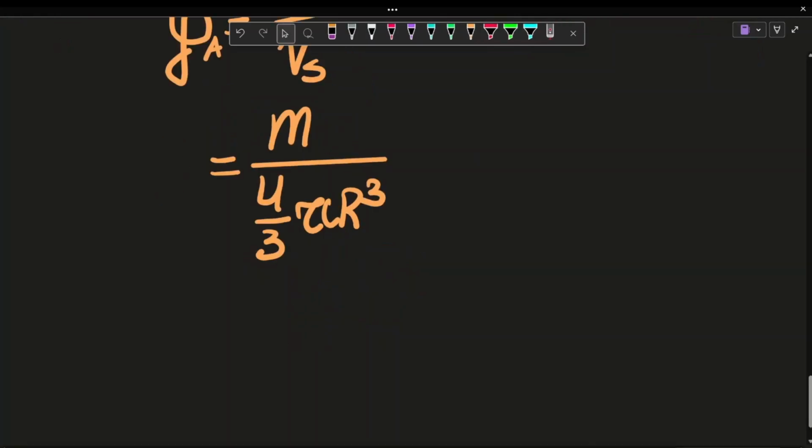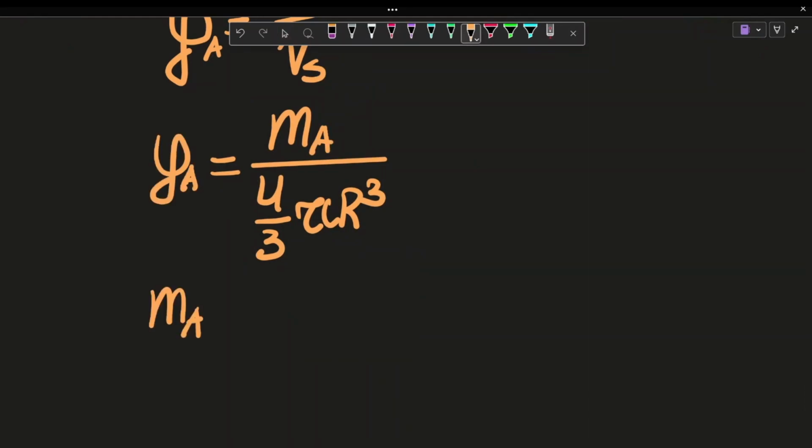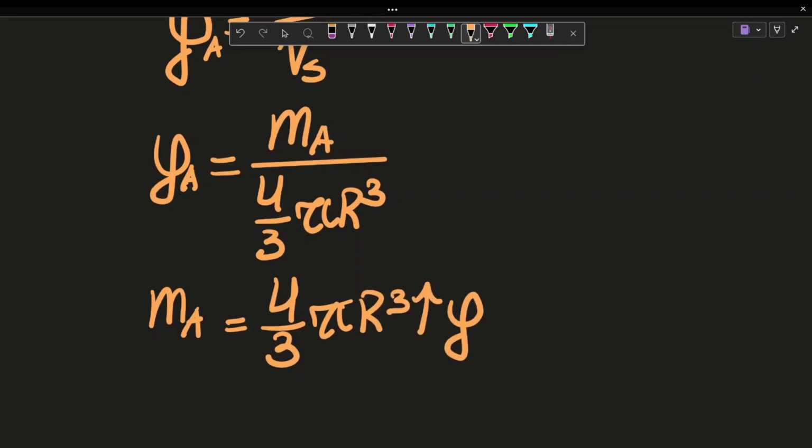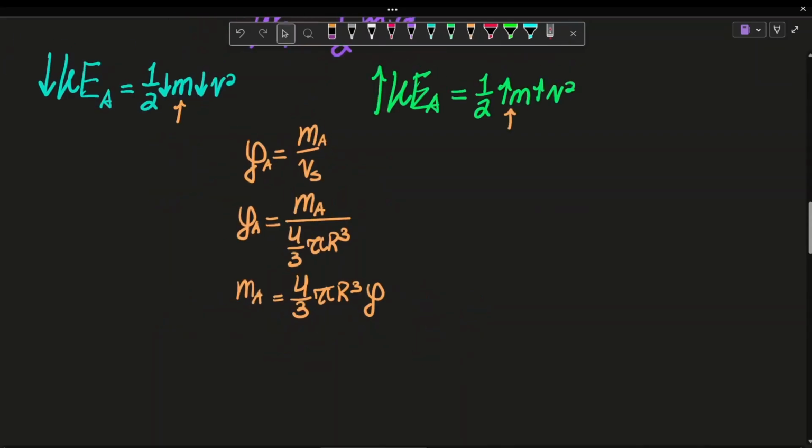So if you want the mass of the asteroid, it would be 4/3 pi r cubed times the maximum or minimum density.